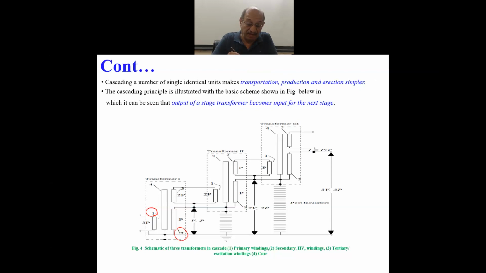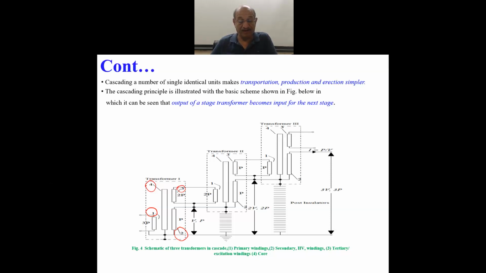As you can see here, number 3 is the tertiary winding, and the fourth is the core. Number four is the core of the transformer. So there are three windings: primary, secondary, and tertiary winding, and the core in each case. And each unit has identical make.